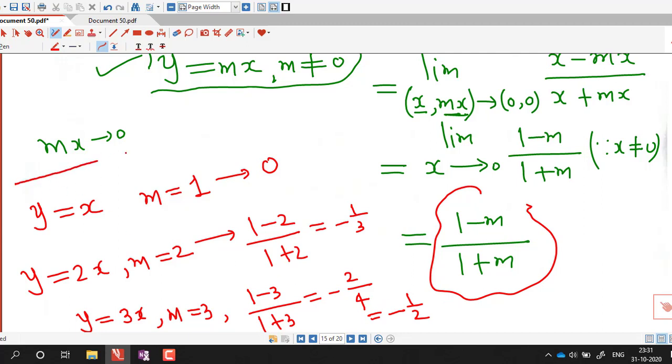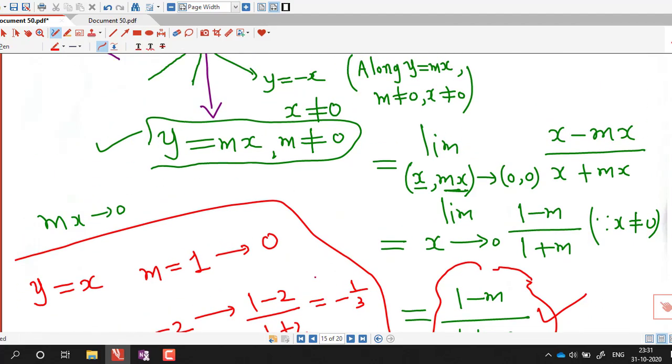So from this you can have the idea that if the answer of limit depends on m, that means the limit is different along different values of m. That implies that the limit is different along different lines passing through origin. So therefore limit does not exist, because if limit exists, then it must be same along all possible paths.